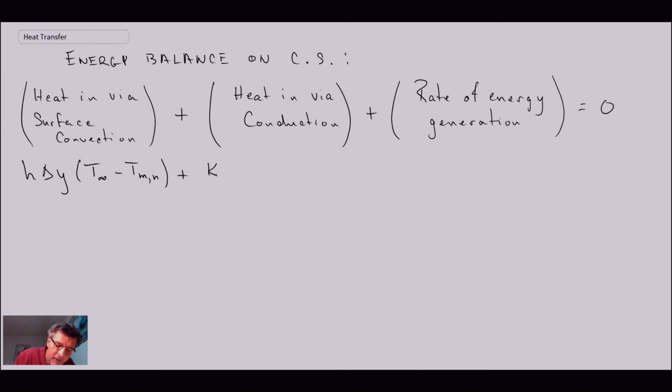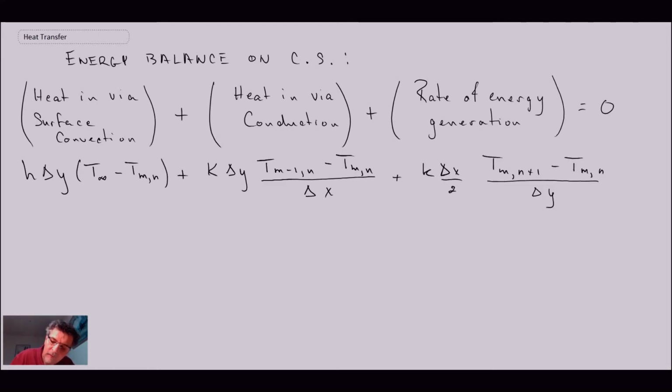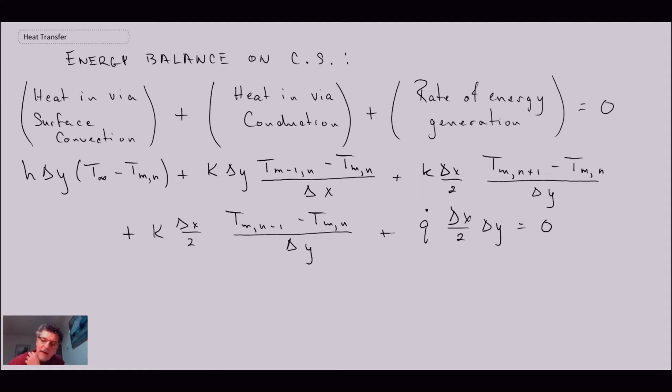And then going through and applying Fourier's law for conduction. And that last term, this is essentially delta V, the volume of our control surface or control volume. So the goal that we have now is to isolate for T_m,n.